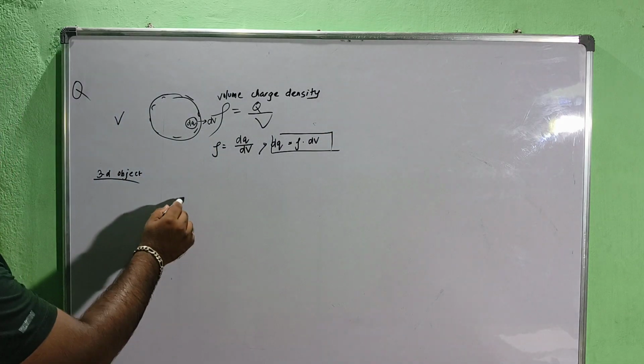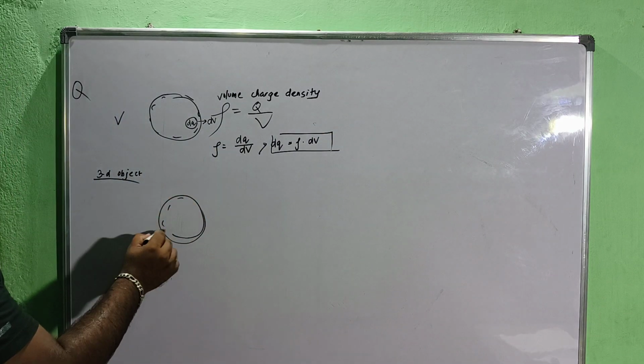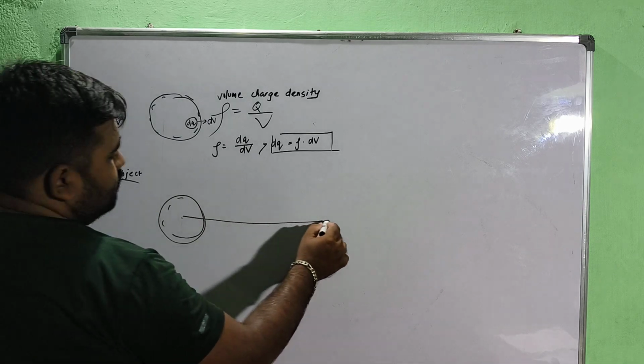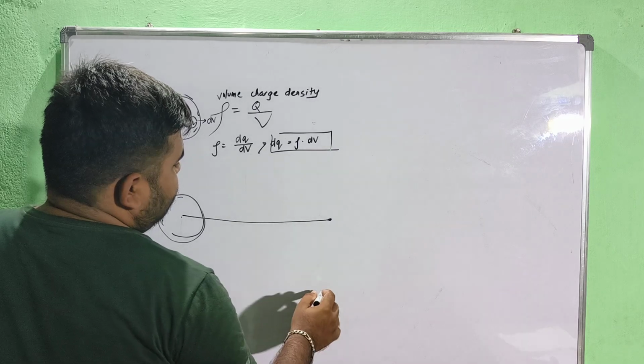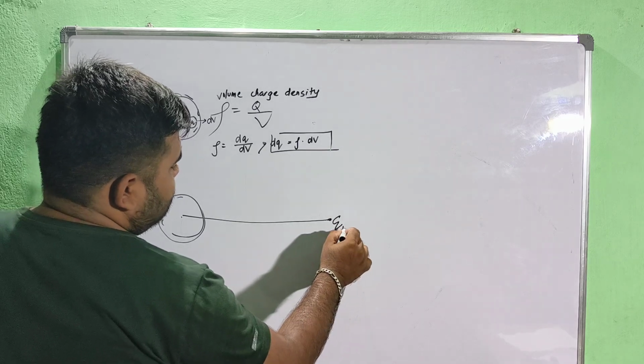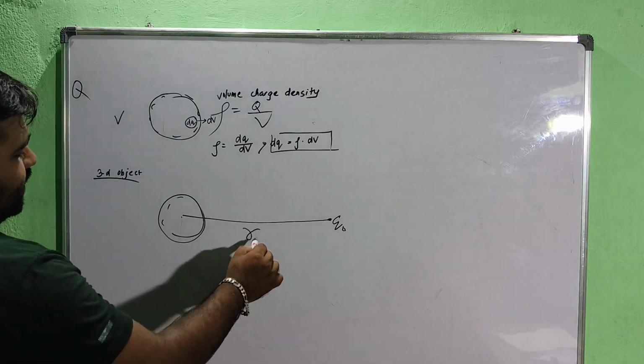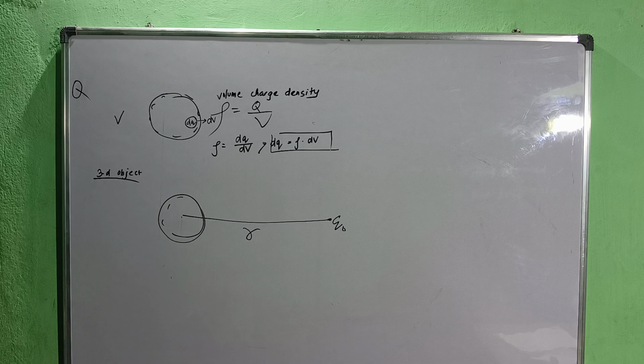If we consider a volume containing charge, and from this point we are going to find the electric field or electric force on q naught, then let this distance be r. Then what should be the formula?